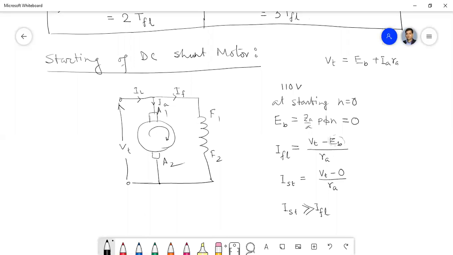It can withstand that current. It's an instantaneous current. It is not a steady current. If a steady, very high value of current flows for a long time, then the armature coil may burn out. Otherwise, it may not burn out. But what other problems may arise due to this? Do you have any idea?